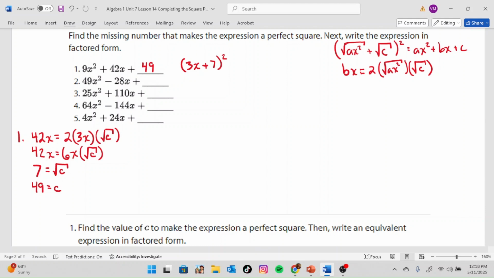Let's double check ourselves. 3x times 3x is 9x squared. 3x times 7 would be 21x, times 2 would be 42x, and then 7 times 7 is 49. So these are the correct answers for number 1.